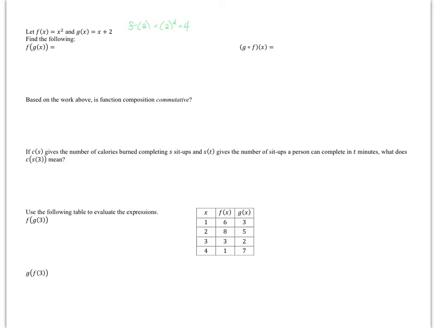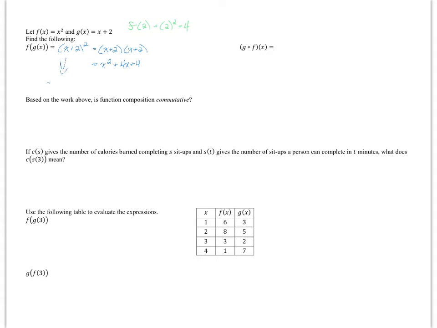So f of g means we're going to take this g of x and plug in right here. So f of g is going to be x plus 2 squared, which is, and this is an algebra thing that we need to make sure to not fall into the trap, it's x plus 2 times x plus 2, which is going to be x squared plus 4x plus 4.